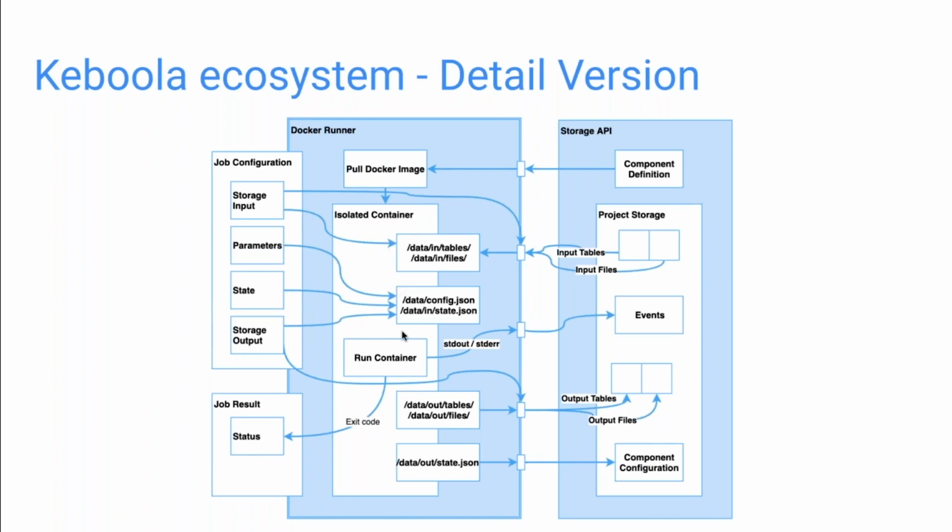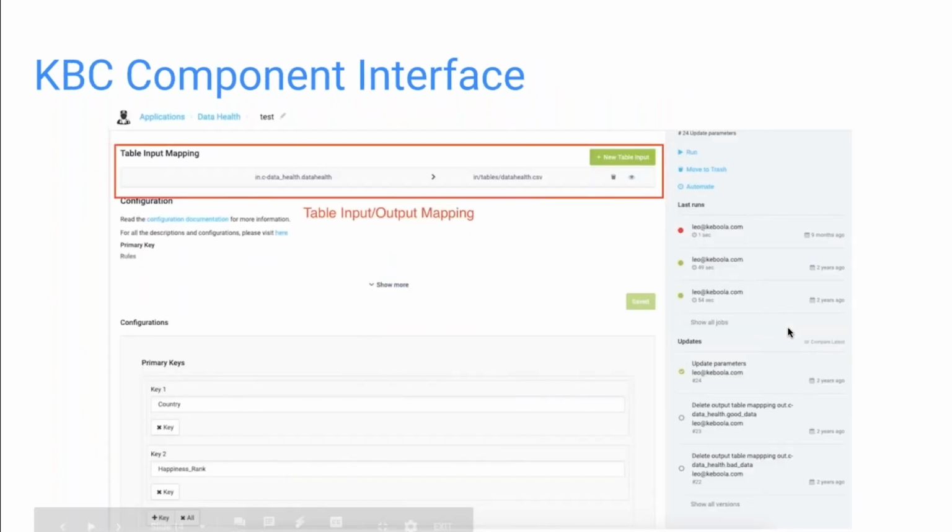With the configurations, it will run the code. After it's run, it will export a list of tables back into Keboola. With things like state file and configuration, I will go deeper with you guys in a bit.